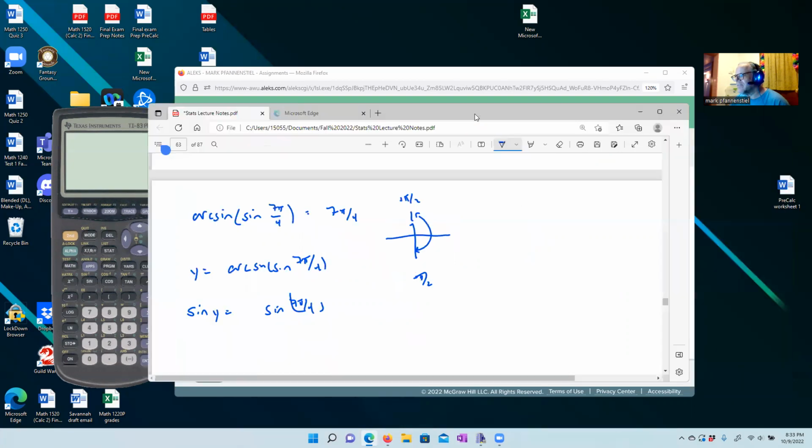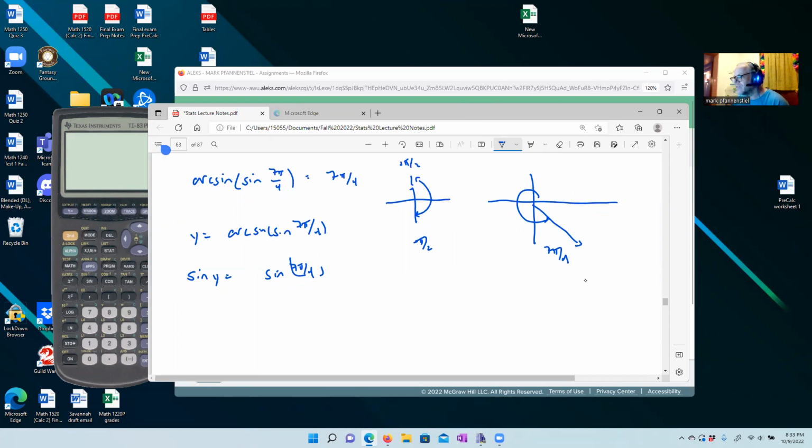7 pi over 4 is down here somewhere. Here's 7 pi over 4. It's also negative pi over 4. So if I do the arc sine of the sine of this, what's the sine of this angle? It's in the fourth quadrant, so it's going to be negative root 2 over 2.